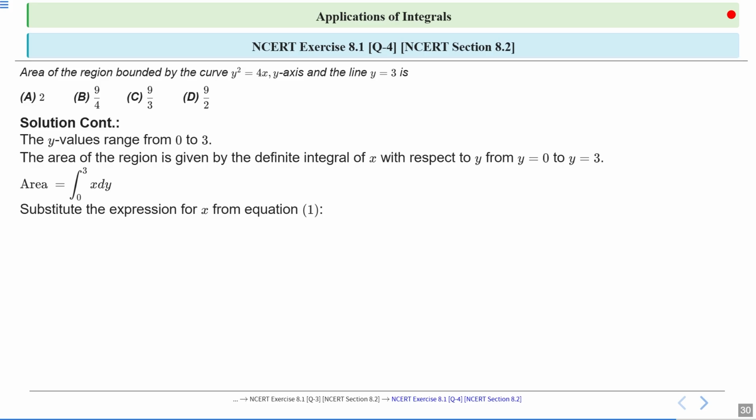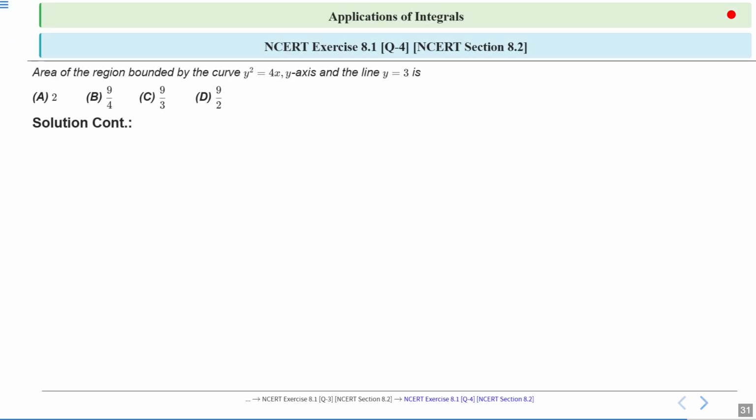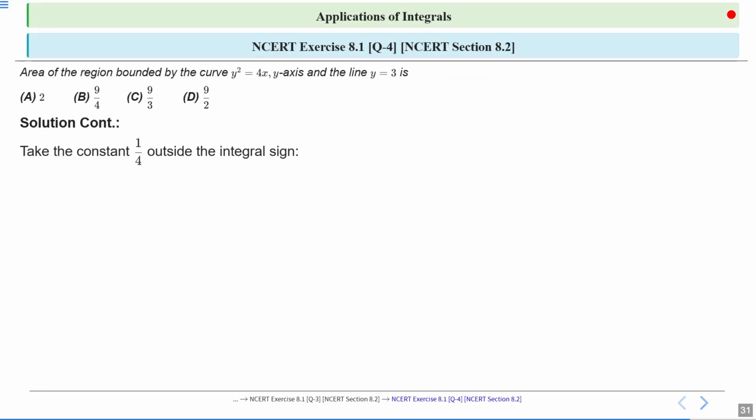Substitute this expression for x from equation 1. So area is integral from 0 to 3 of y square by 4 dy. Now we have to calculate this definite integral. Take the constant 1 by 4 outside the integral sign. That is, area is equal to 1 by 4 times the definite integral from 0 to 3 of y square dy.